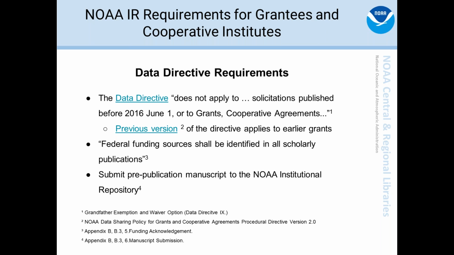So if your grant or the like was published or solicited before June 1st of 2016, PARR does not apply to it. There is a previous version of the data directive that applies to those documents, though, and I've linked that here. It's version 2. The current data directive is version 3, which is the top link.